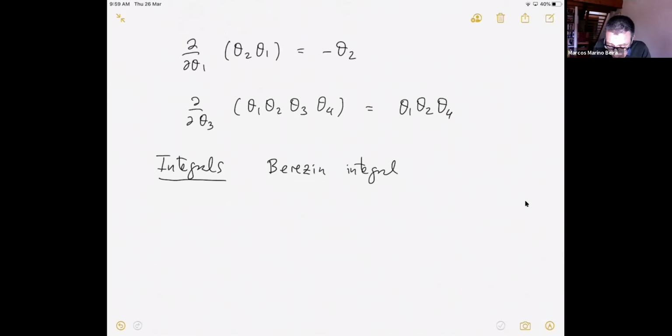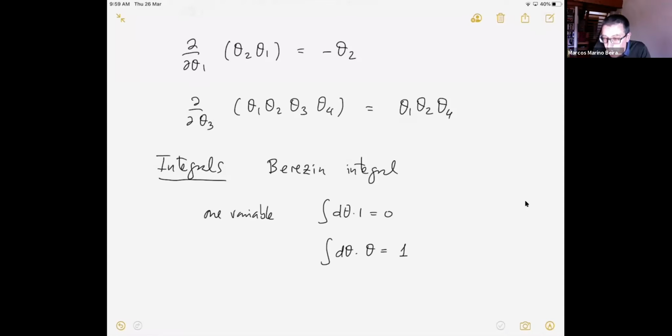The Berezin integral, if you have just one variable, is defined by two simple rules. The integral of 1 is equal to 0, and the integral of theta is equal to 1. So these are the two rules of Grassmann integration.